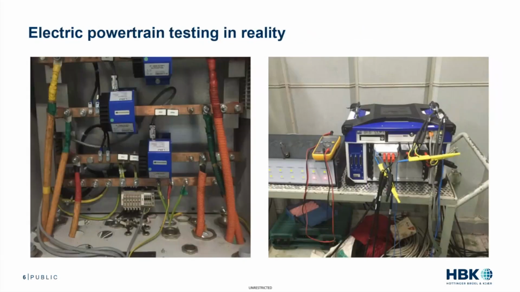However, this is more of what you end up seeing in reality. Lots of cables rolled up, maybe crossing other cables. It ends up being a very noisy environment as well. So that's the reality that we're often dealing with.